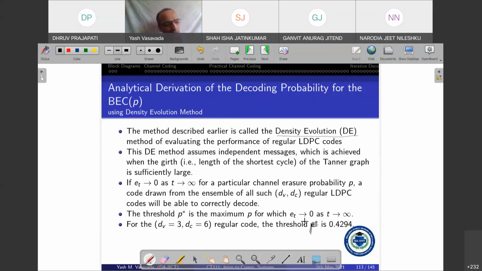So in your project, the H matrix that I have given you, actually you will see, I'm not 100% sure, but at least one of the H matrices has this structure: dV is equal to 3 and dC is equal to 6.